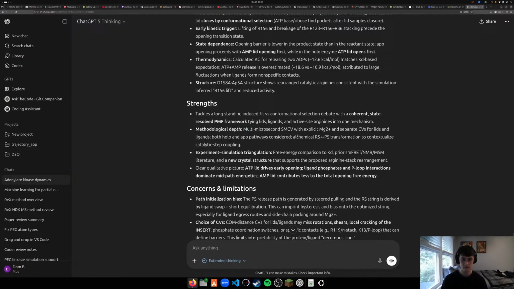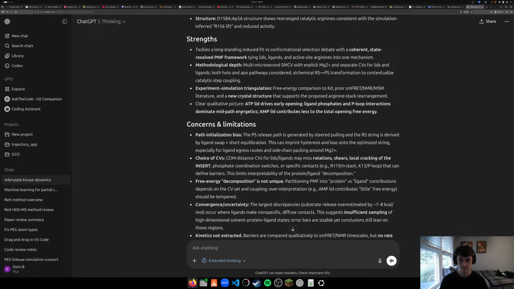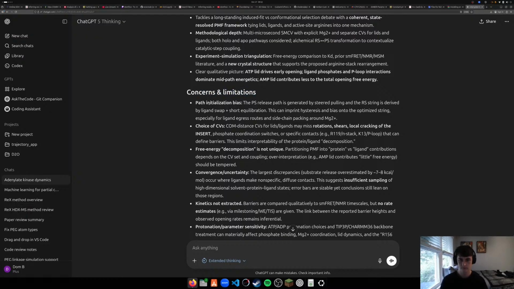Multi-microsecond SMCV with explicit and separate CVs for lids and ligands. Clear qualitative picture. Path initialization bias: the PS release path is generated by steered pulling, and the RS string is derived by ligand swap plus short equilibration. This can imprint hysteresis.